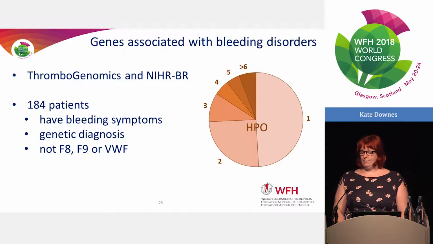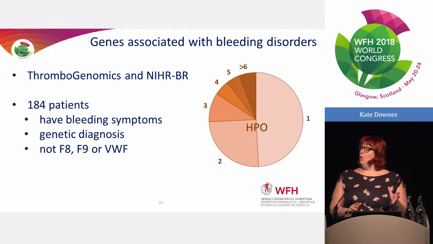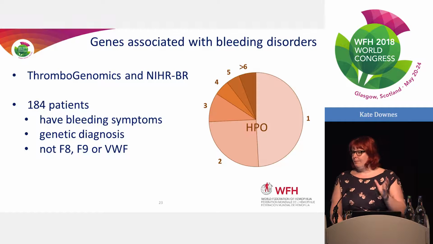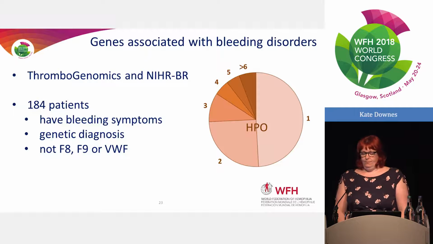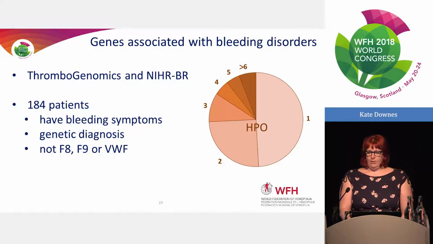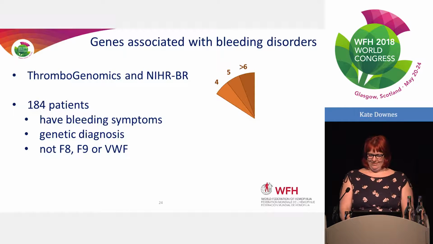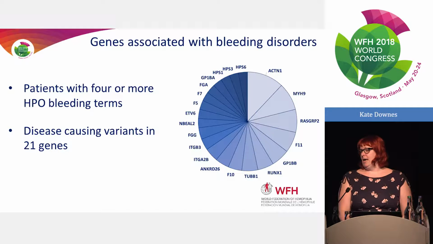The vast majority of people only had 1 or 2 bleeding symptoms or lab phenotypes, but some people had up to 6 of these bleeding symptoms. So I took that top proportion, and we find 21 genes in this set of people that have 4 or more HPO bleeding terms.